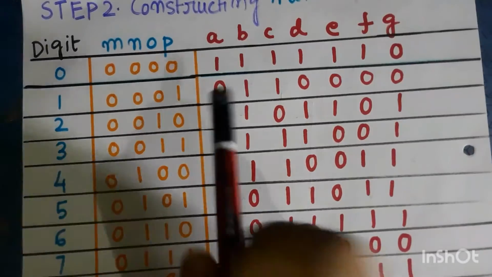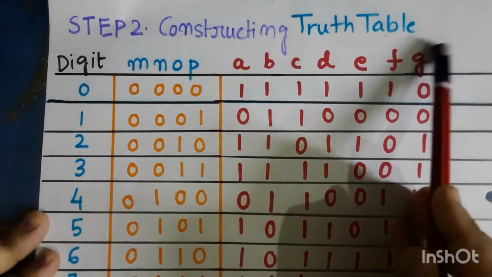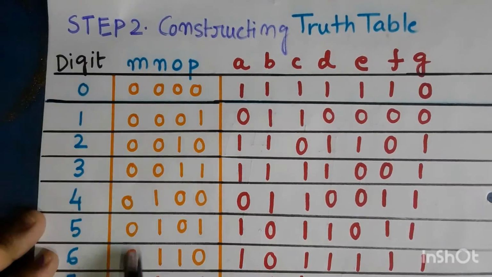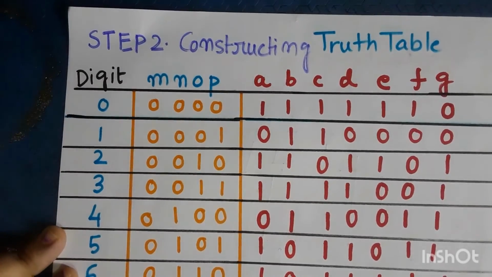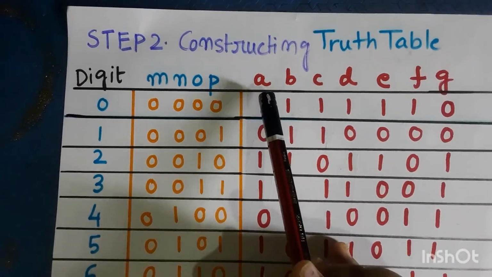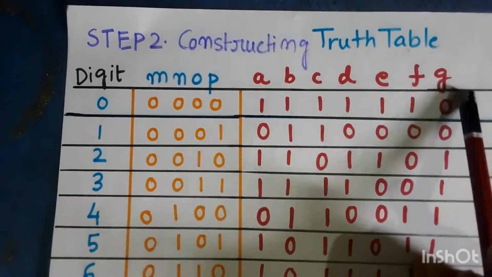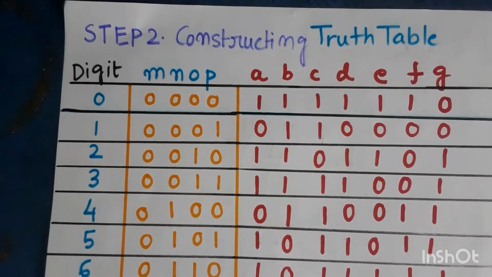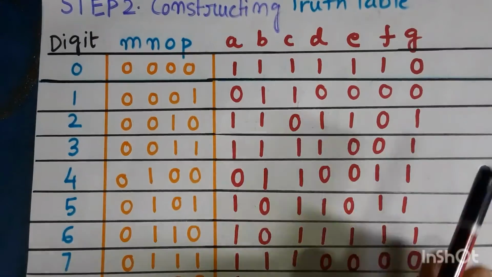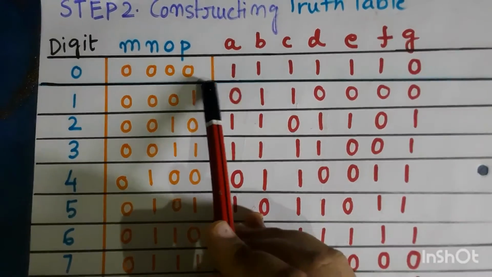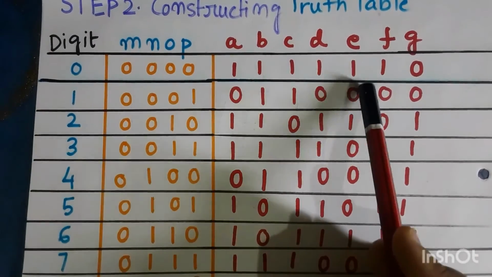Now here we are constructing the truth table. Here M and OP are the 4 BCD inputs, for digits 0 to 9, and here are the 7-segment outputs A, B, C, D, E, F, G. What would be the value of the A to G elements of the 7-segment? For 0, except G, all would be 1.